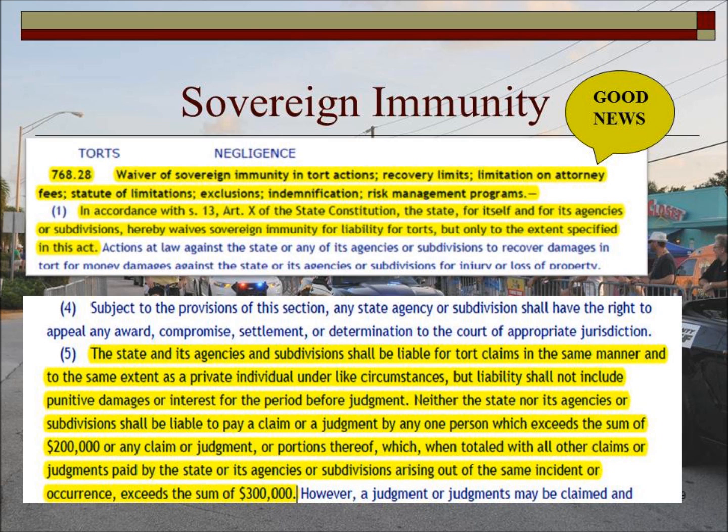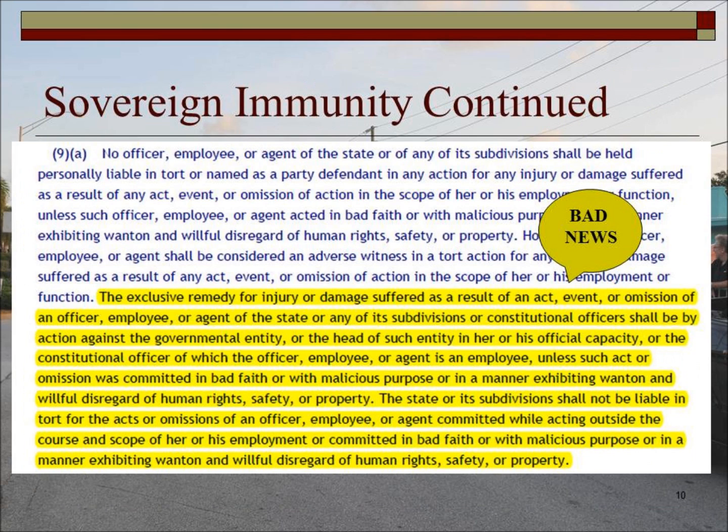Now, sovereign immunity has some exceptions, and in Florida law, in the same statute, Section 9A, has some exclusions.